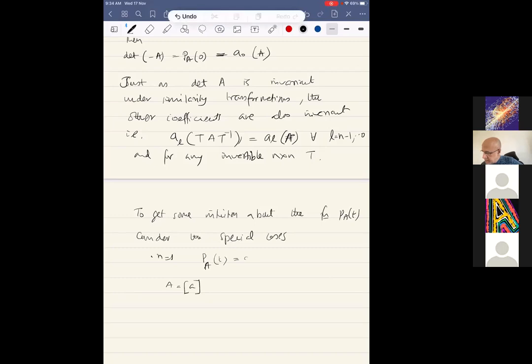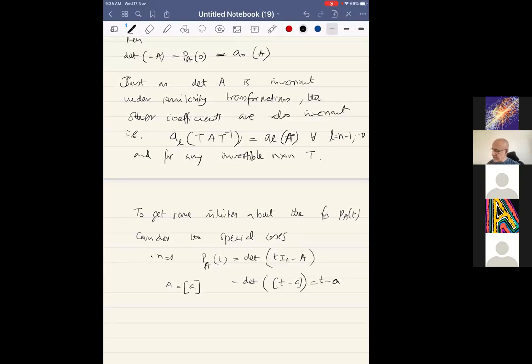So determinant of t I_1 minus A, which is determinant of t minus A, which is t minus A. I'm just dealing with 1 by 1 matrices. A 1 by 1 matrix is just a scalar enclosed in a square bracket, and determinant is that scalar itself. That's how we have defined it.